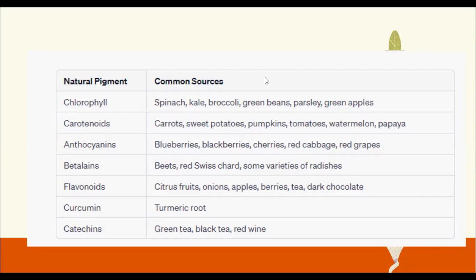Next comes carotenoids. This is also very familiar to all of you. These are the orangish, yellowish shades. So what are the main sources? Carrots, sweet potato, pumpkin, tomato, watermelon, papaya, all these contain carotenoids.